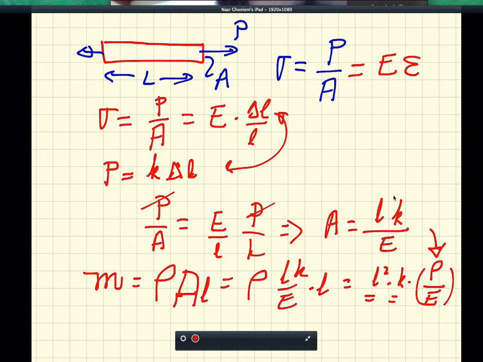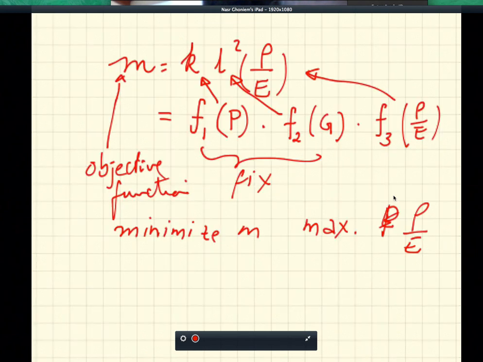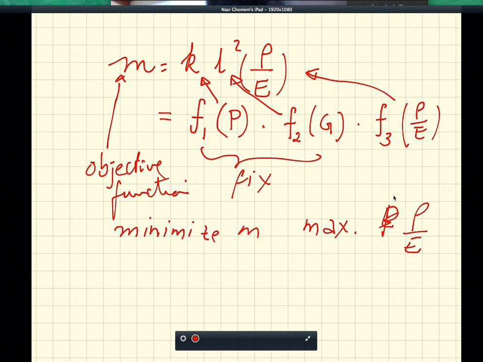So if I want to minimize the mass, then I must maximize the inverse of this, which is E over rho. So if you look here, the mass is given by K times L squared times rho over E, and generally we can write the mass as function 1 of the load times function 2 of the geometry, and we can fix those.